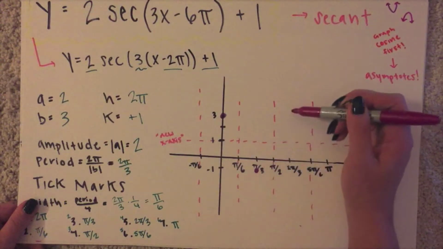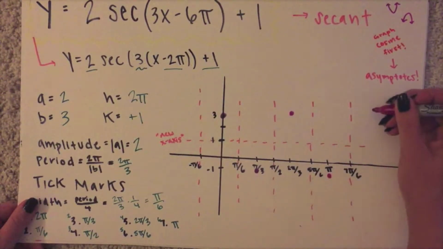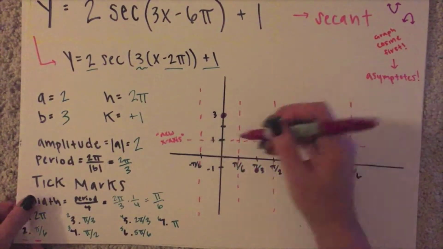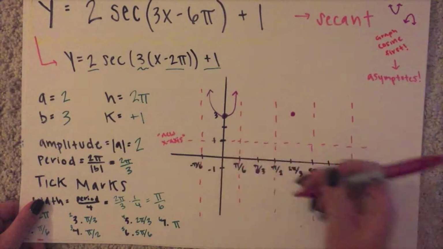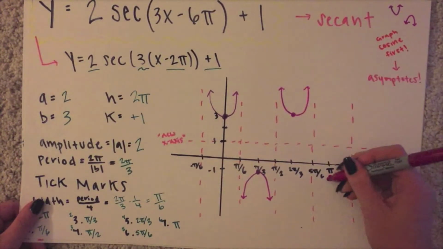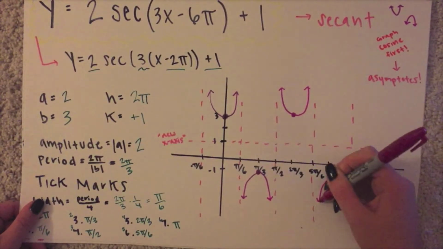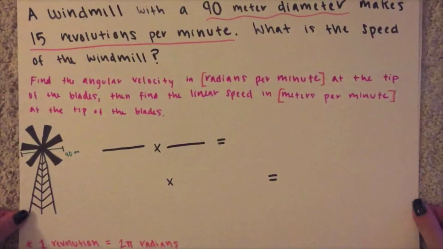You're going to draw another dot, and as you can see, you're just following the cosine wave. So now from there, you can draw your parabolas, and the parabolas always face away from the x-axis. So that is how you graph a secant equation.